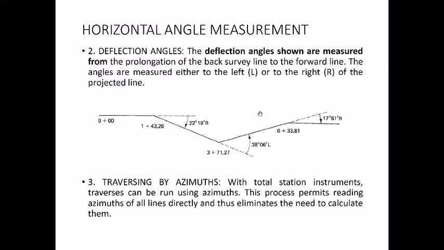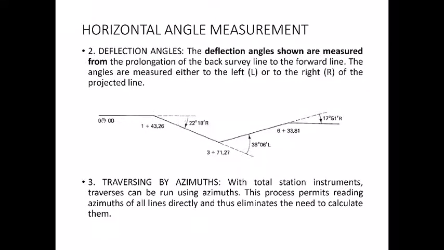Deflection angles are pretty much useful in the open traverse case where you want to set out different connecting lines, like in our projects with roadways or railways, electric supply lines, all of those things. Deflection angles are your deviation from your straight path.